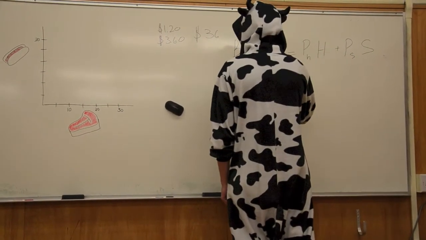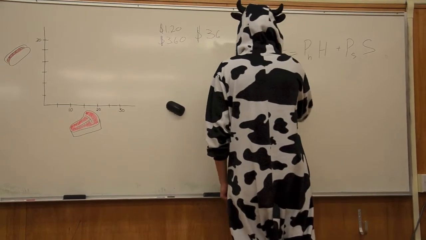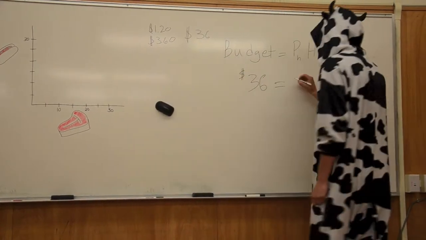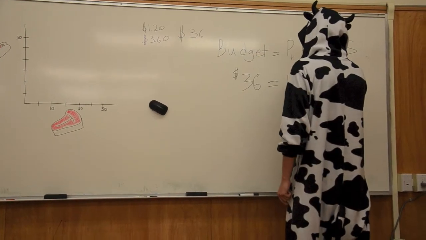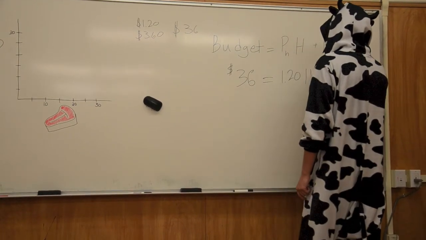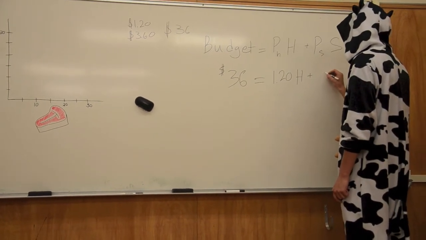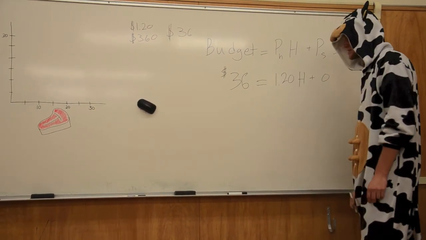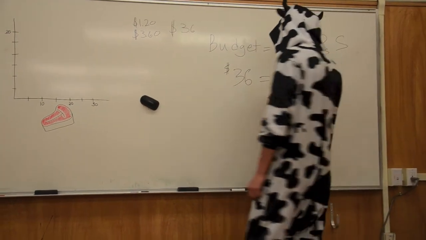So 36 being our budget equals price of hot dogs at a particular quantity plus 0 steak. That's no steak. So then we just do the algebra here.